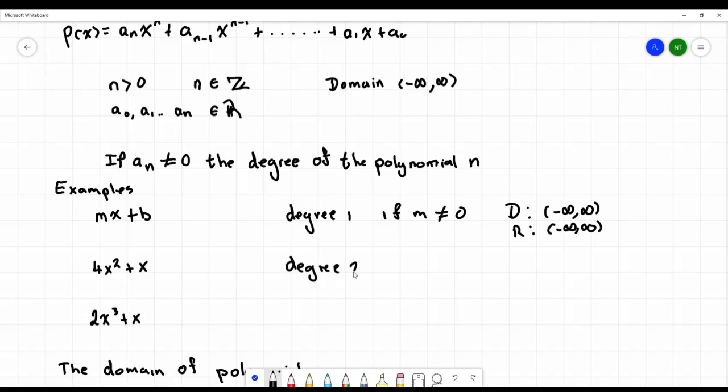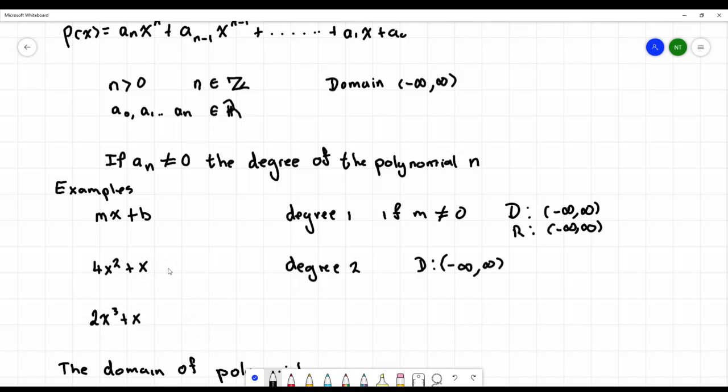From what we said above, the domain is minus infinity to infinity. For the range, we'll have to graph this polynomial, and later we're going to see more tools to help us figure out the range, or we'd have to do a little bit of algebra.